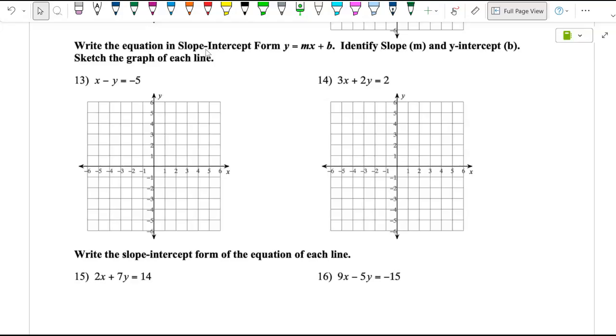But first, I'm going to take that equation, x minus y equals -5. I'm rewriting it where I have room to work with it. I need y equals mx plus b, so I need to subtract the x from both sides. So negative y equals negative x minus 5.